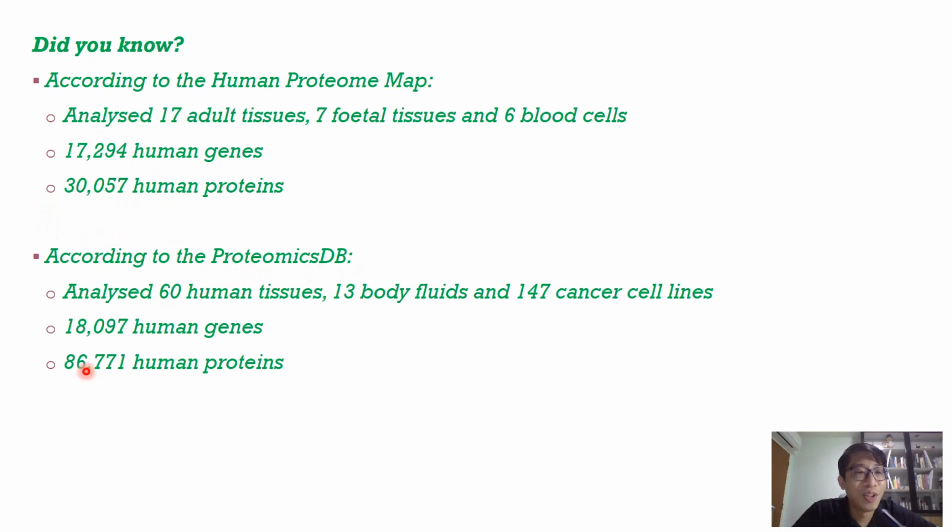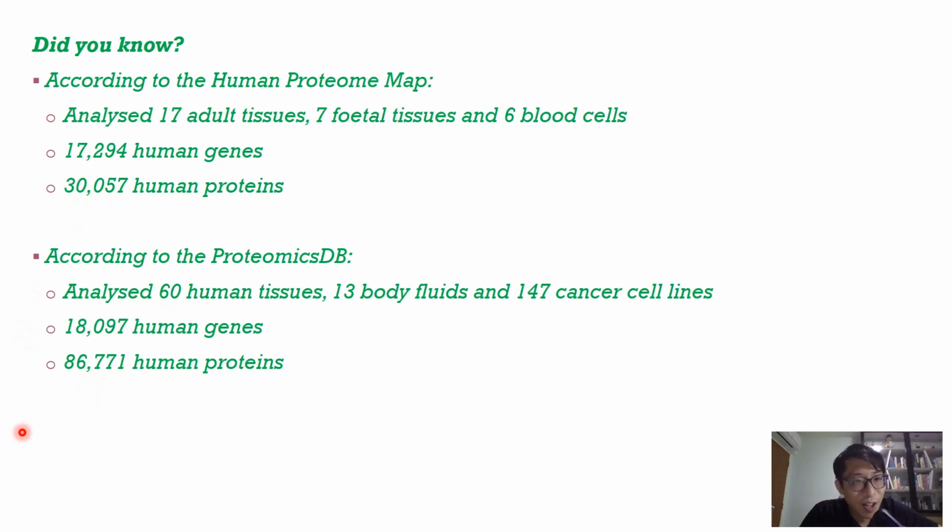I searched this a few years ago, so the numbers could be different today. But a few years ago, there were 17,000 or 18,000 genes identified in the human genome. But the number of proteins identified is much higher.